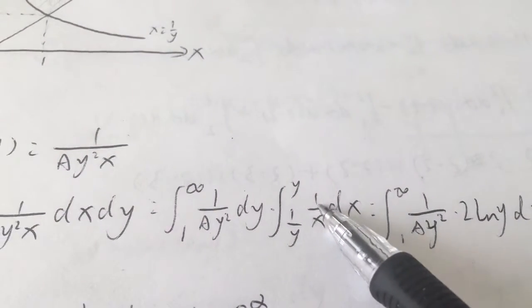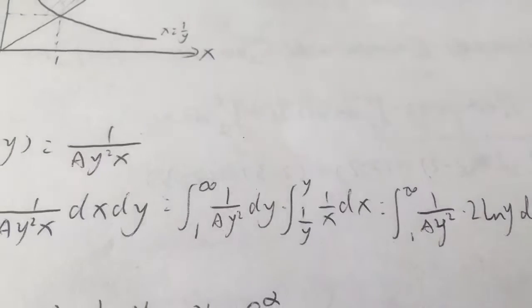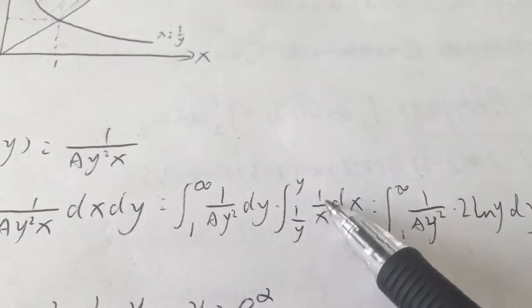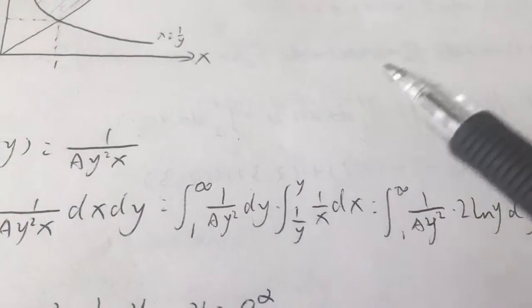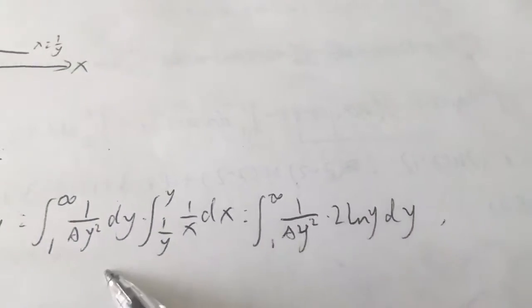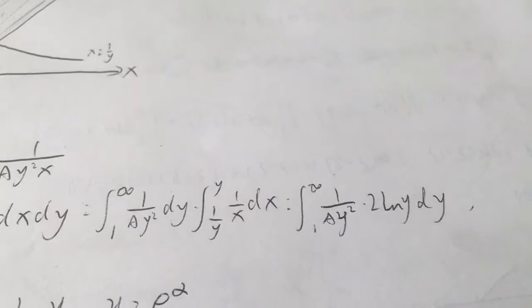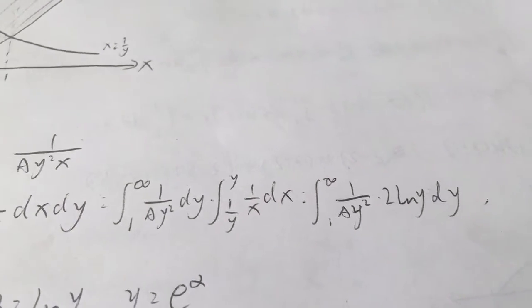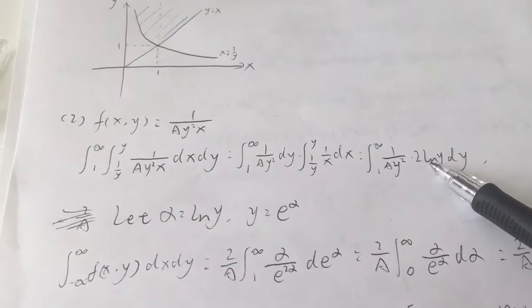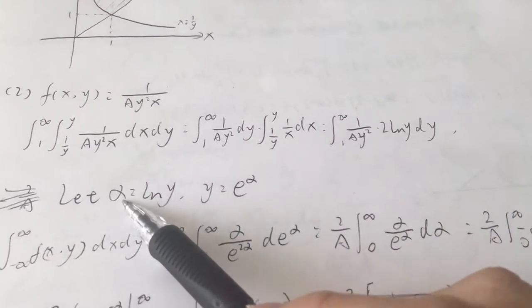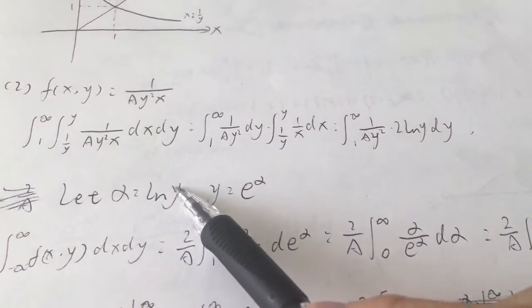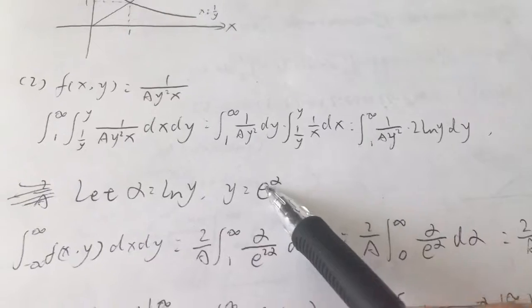We just need to divide the cases, and we calculate x and y, and then we got this. It's just an integral transformation problem. And finally, we set alpha, and alpha is equal to lambda y, and y equals to this.